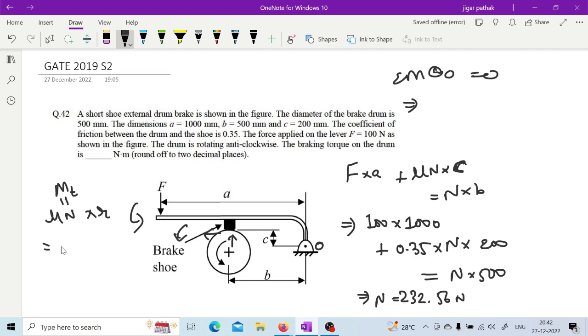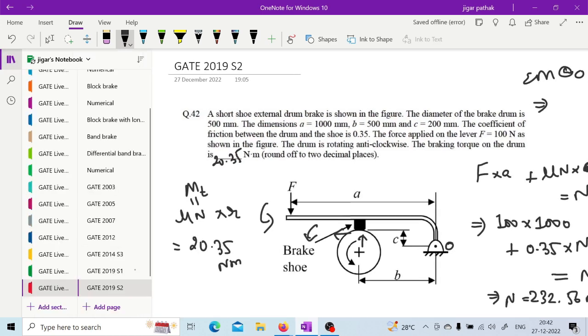You have mu 0.35, n you have calculated, R is given as 250 mm because diameter is 500. So braking torque is 20.3392, almost 20.35 Newton meter, right? 20.35.